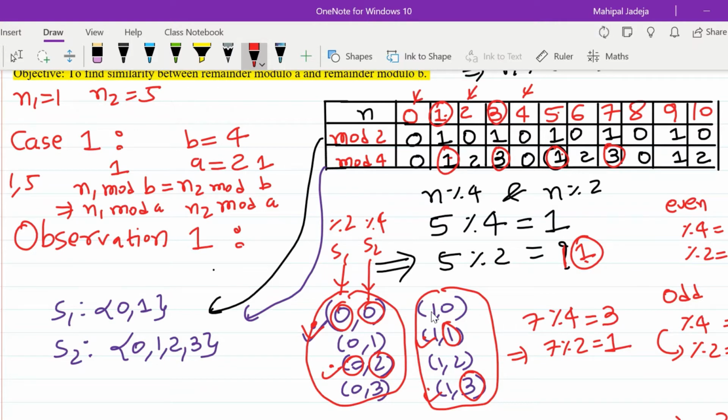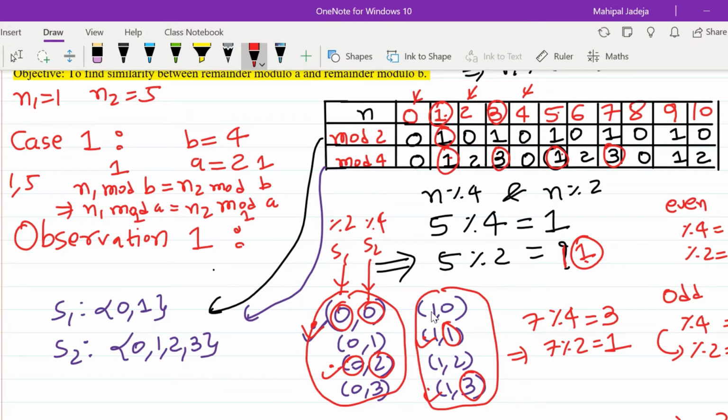So the value of a is 2 now. So now let's just check the corresponding numbers, right? So now we are talking about 1 modulo 2. So 1 modulo 2 is 1, okay? And then we are talking about 5 modulo 2, which is again 1.